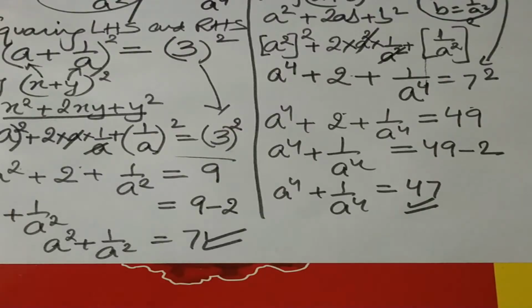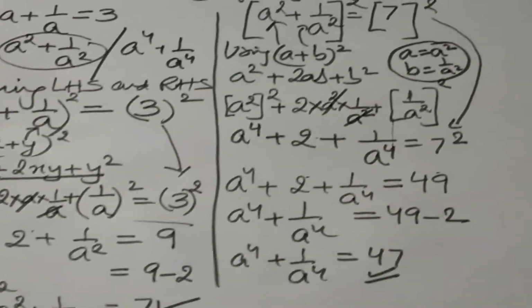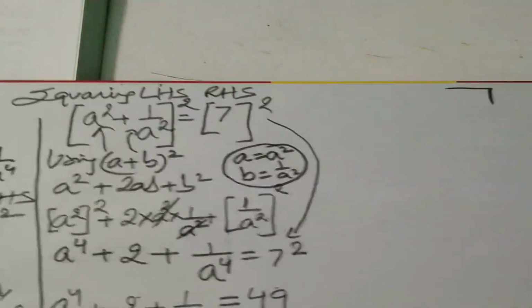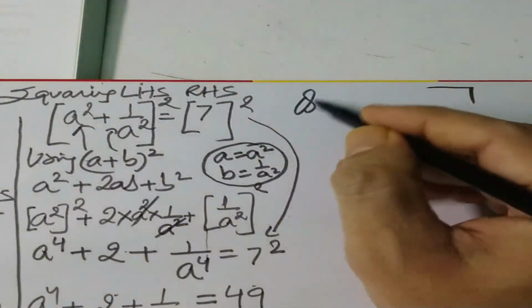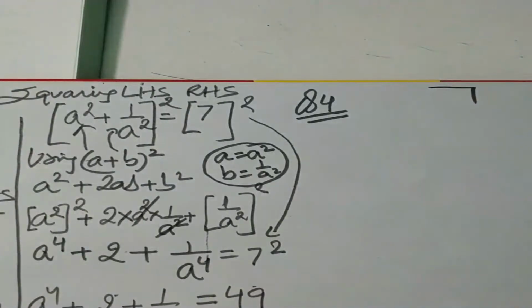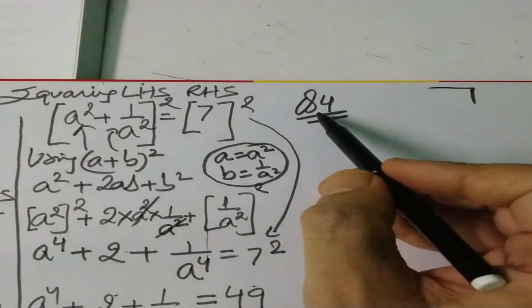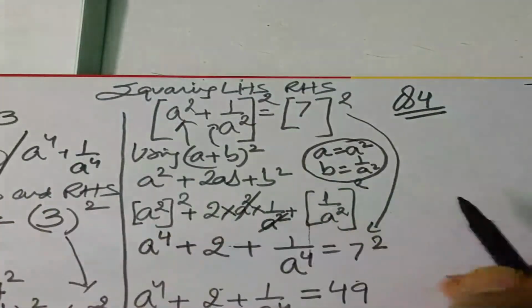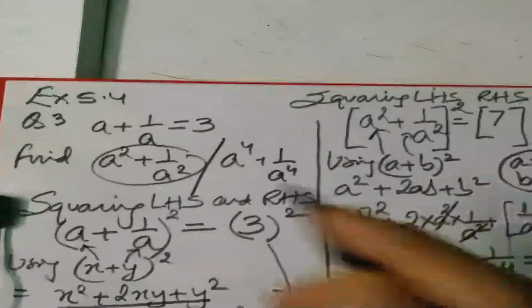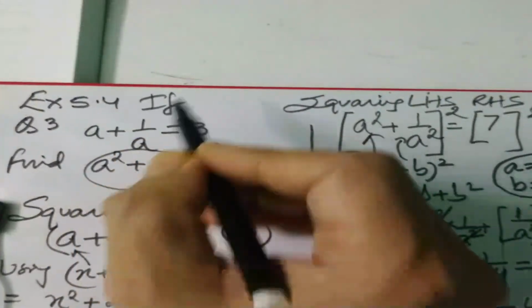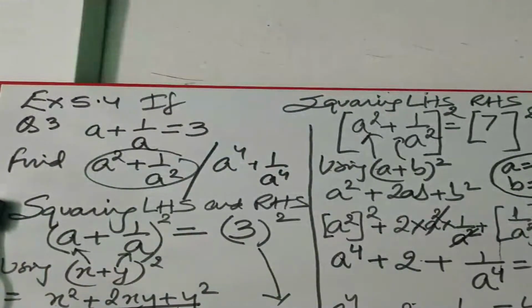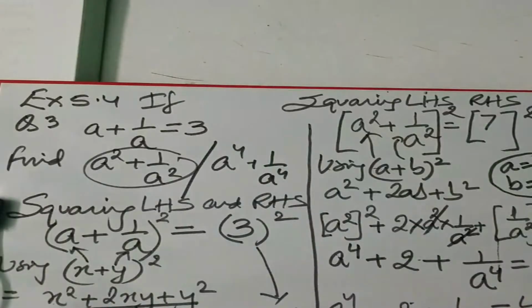Now the question which I wanted to differentiate was the next part, question number 4. See the difference between the questions. In the previous question it was written that if a + 1/a is equal to 3, then you have to find all this.